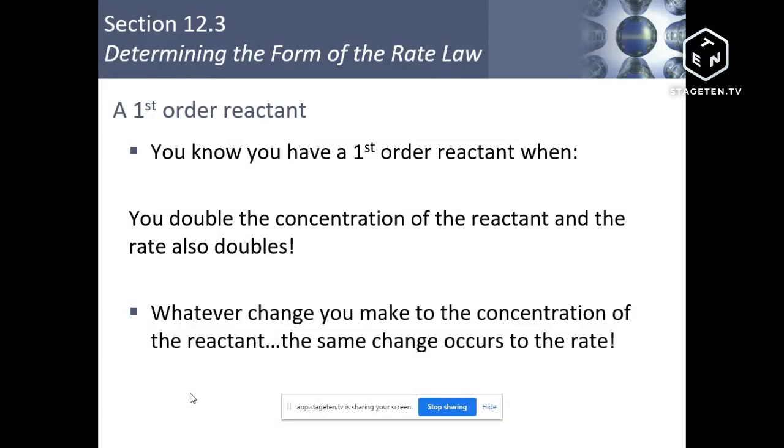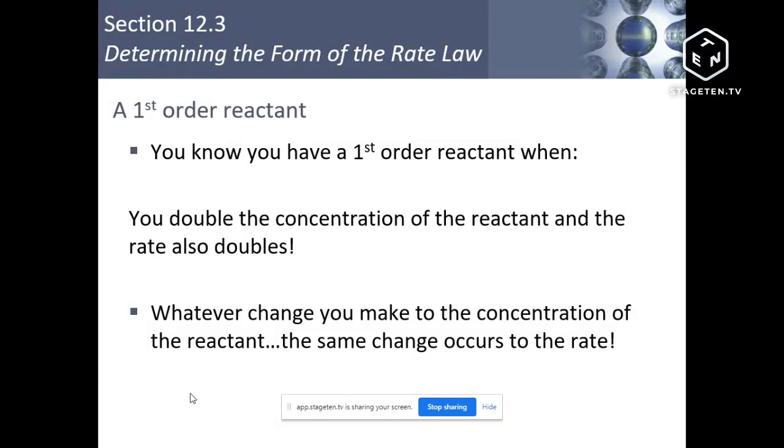So a first order reactant is one where whatever change you make to the concentration, if you decrease it, the rate is going to decrease by the same factor. So if I cut it in half, the rate is going to cut in half. If I quadruple the concentration, the rate is going to quadruple. If I make the concentration 8 times more concentrated, the rate of the reaction is going to be 8 times faster.